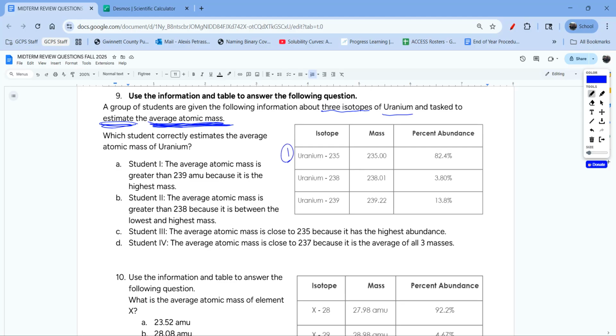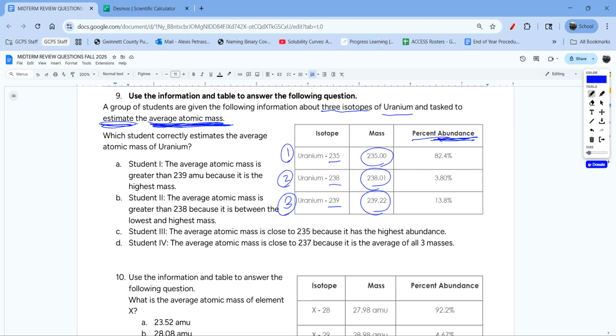So here's 3 isotopes: isotope 1, isotope 2, isotope 3. That's the mass for each of them, but this is the actual mass for each that you want to focus on.